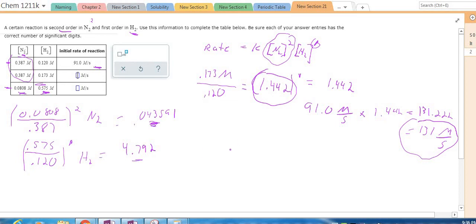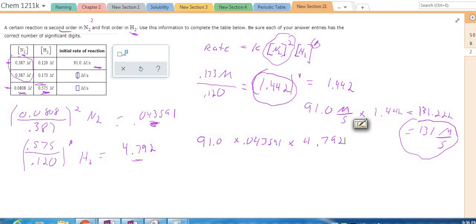So let's see how that's going to change here. I'm going to take that initial rate, which is 91.0, and it's going to change by 0.043591 to that proportion, but it's also going to change by 4.792.